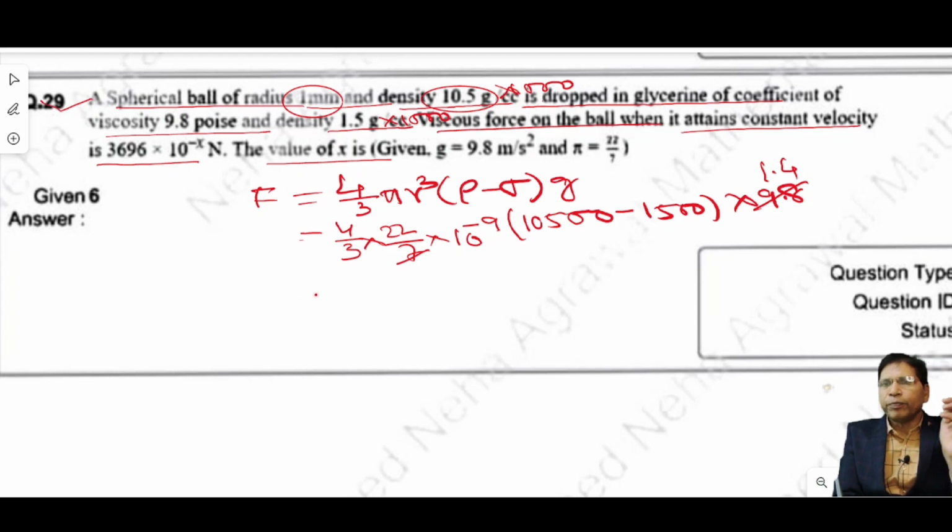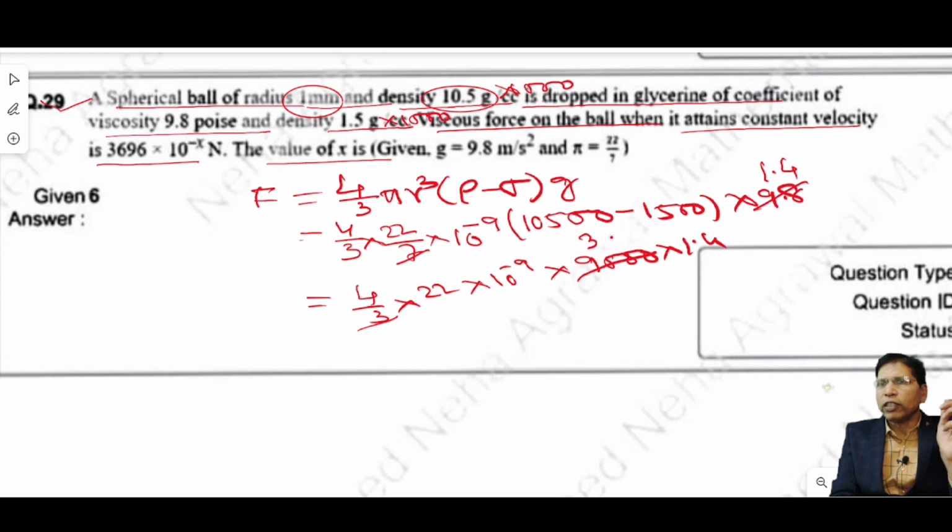Now look at this. This is 4 by 3 into 22 into 10 to the power minus 9 into 9000, into 1.4. Now this and this cancel out, so this is 3000. Now this is 14 into 3, so 42.